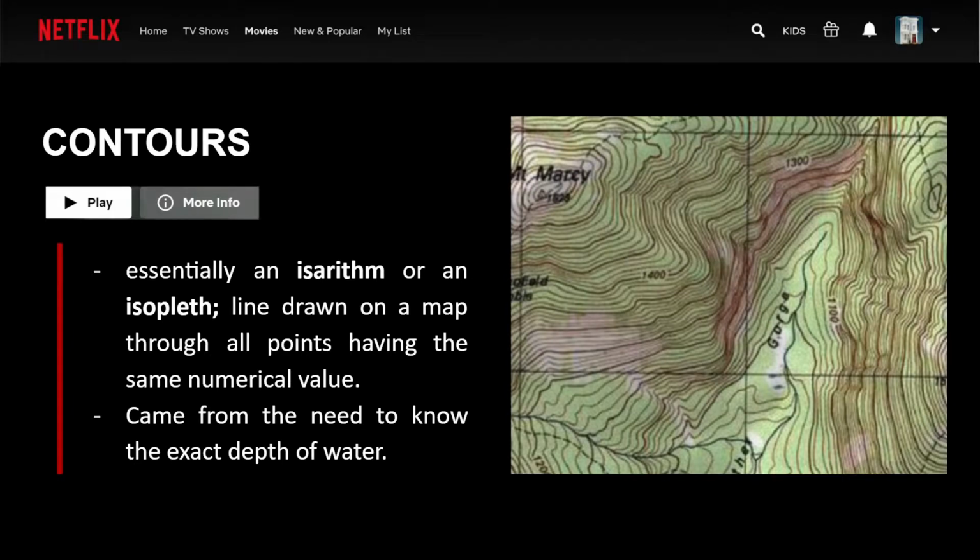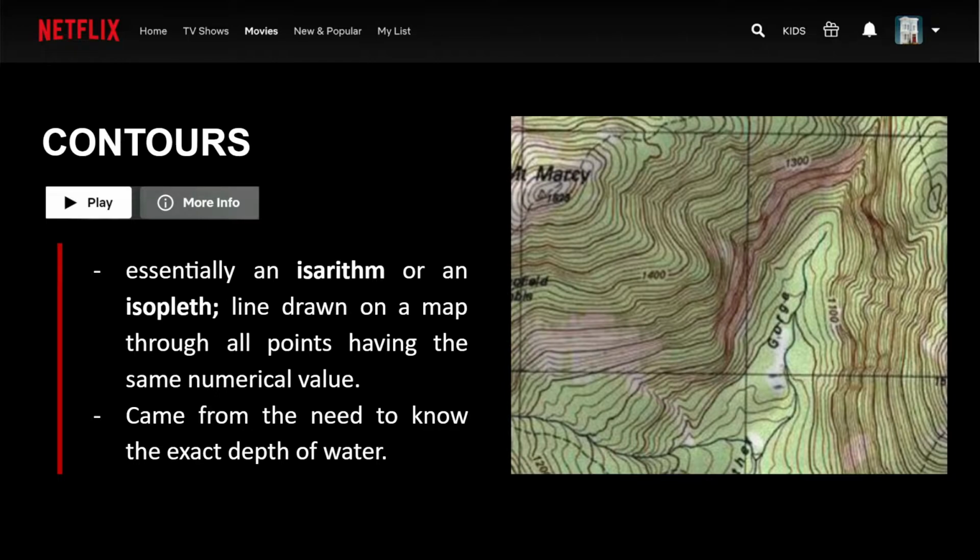Next, we have contours. As I said a while ago, this will be further explained by my group members, but I'll just give a few details to support their later discussion. Contours came initially from the need to know the exact depths in water and were generated from a series of depths or soundings. The first contours in the late 1900s were on navigation charts as isobaths.